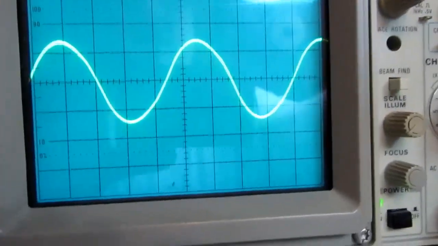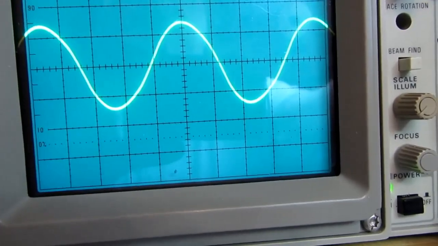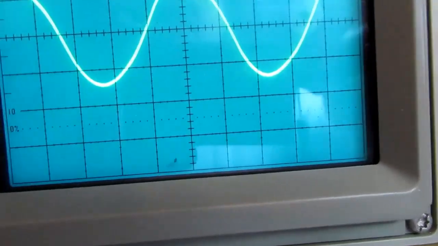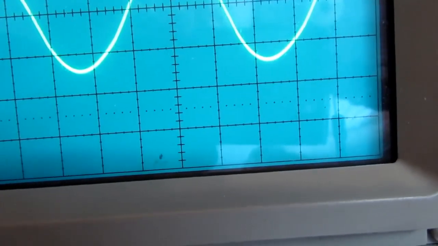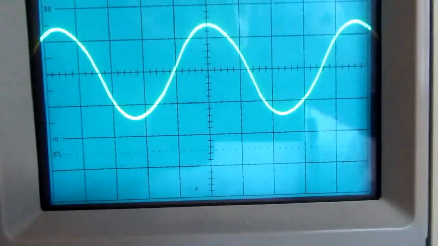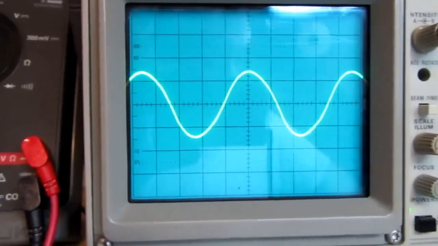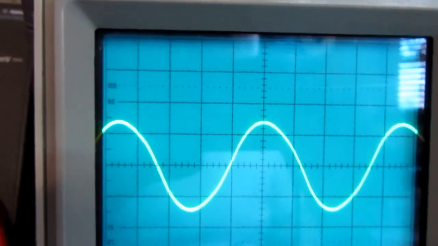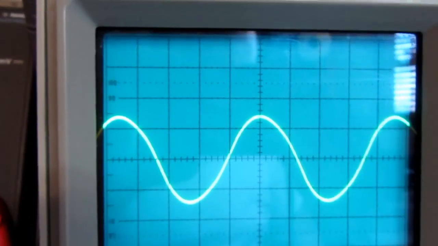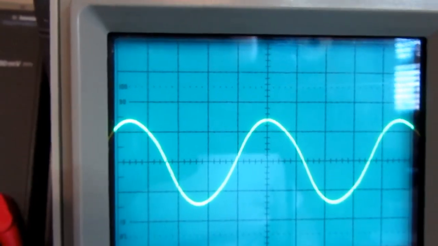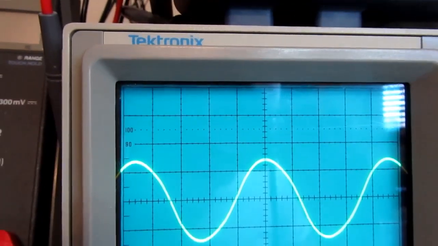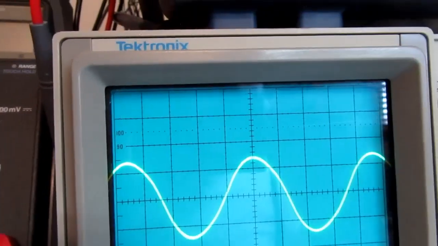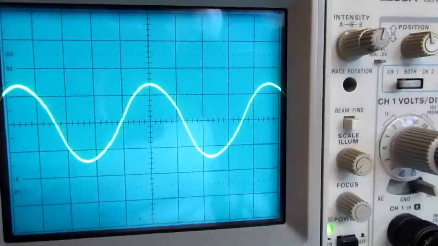Now, right now I've got a frequency of, what do I have? About 2.3 divisions, and I'm at 0.5 milliseconds per division, so 0.5 milliseconds times 2.3 divisions is roughly, okay, that, and then take the reciprocal of it, so it's about 869 hertz right now.